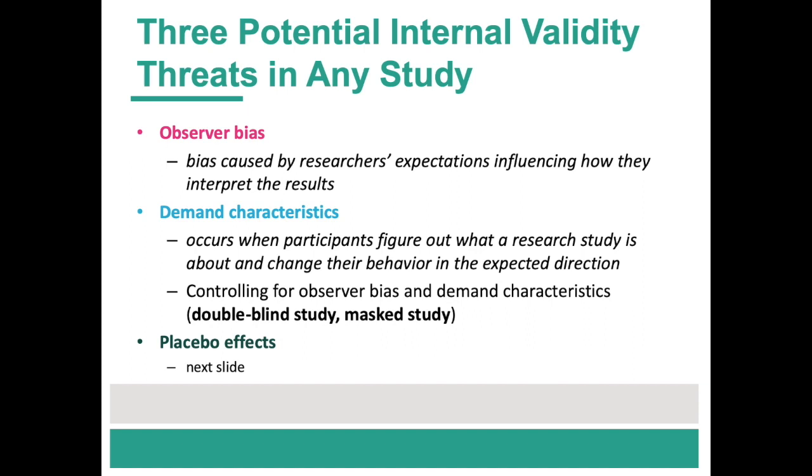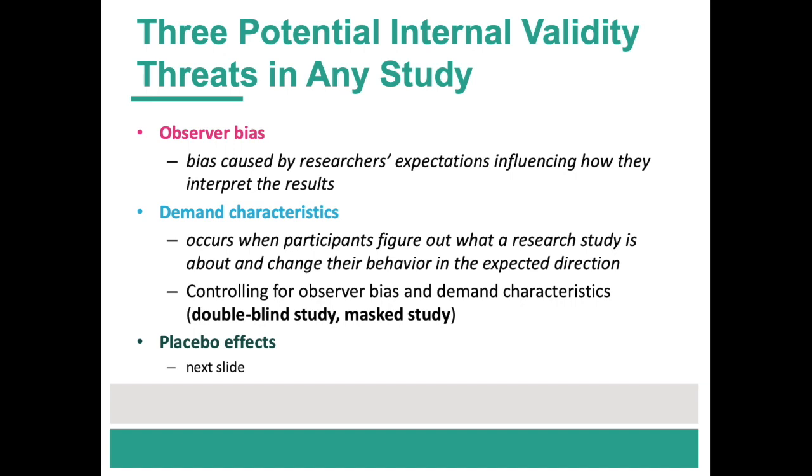So we do what's called a double-blind study, where the researcher and participants don't know what group they're in. The masked study, these are ways of making it so these biases that can happen both from the researcher and the participant are less likely to happen. The difference between these two: double-blind is where both participants and researchers don't know what group they're in.